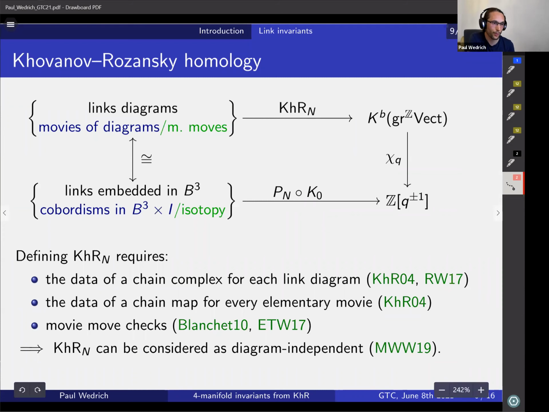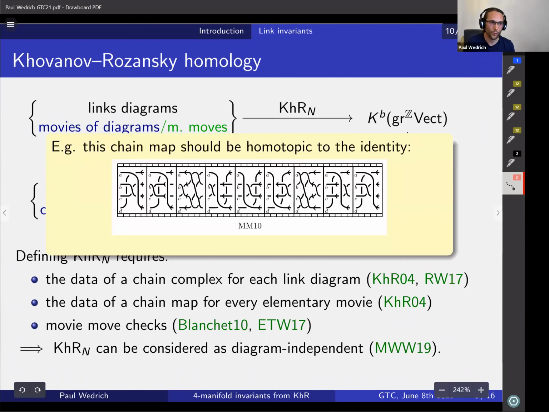Let's look at an example. So here you see a movie of tangle diagrams. There are 4 strands that cross each other in a kind of a half twist fashion. And of the 9 pictures, the one on the left is identical to the one on the right. And in between them, you see 8 transitions, and each of the transitions is a Reidemeister 3 move. Khovanov-Rozansky homology assigns to each of these Reidemeister 3 moves a chain map.